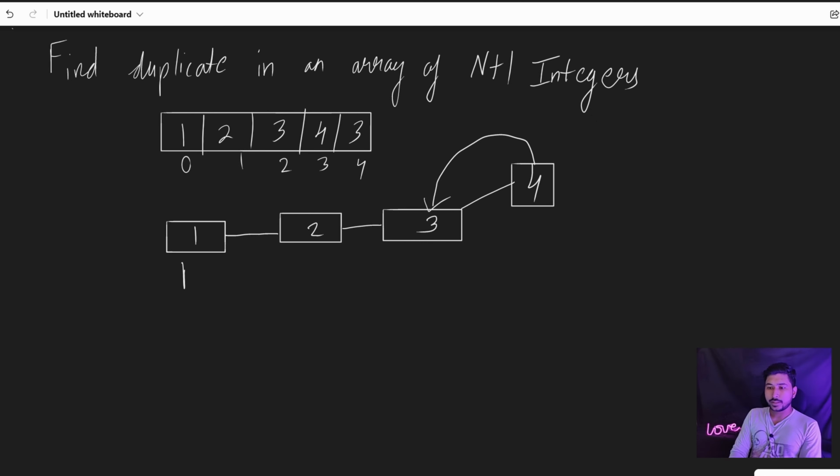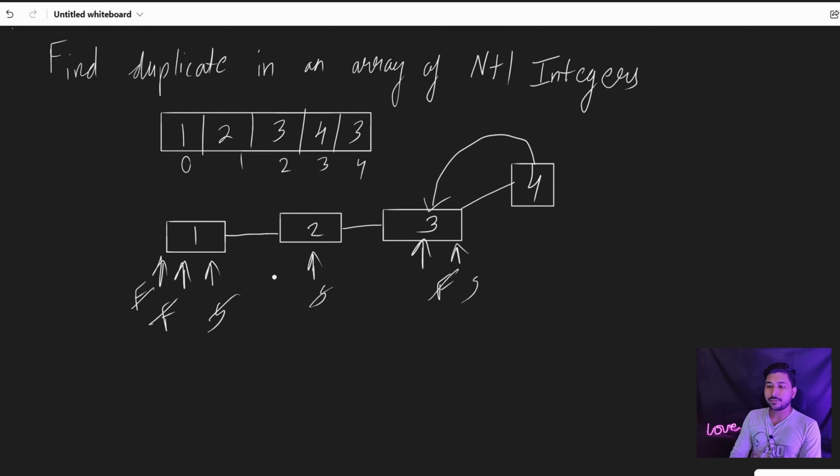So here we have fast and slow. In the first round, first step, fast will come here and slow will come here. Now again it will take two steps, 1 2, fast will come here and slow will come here. Now as both have met, we will take fast here and start again.